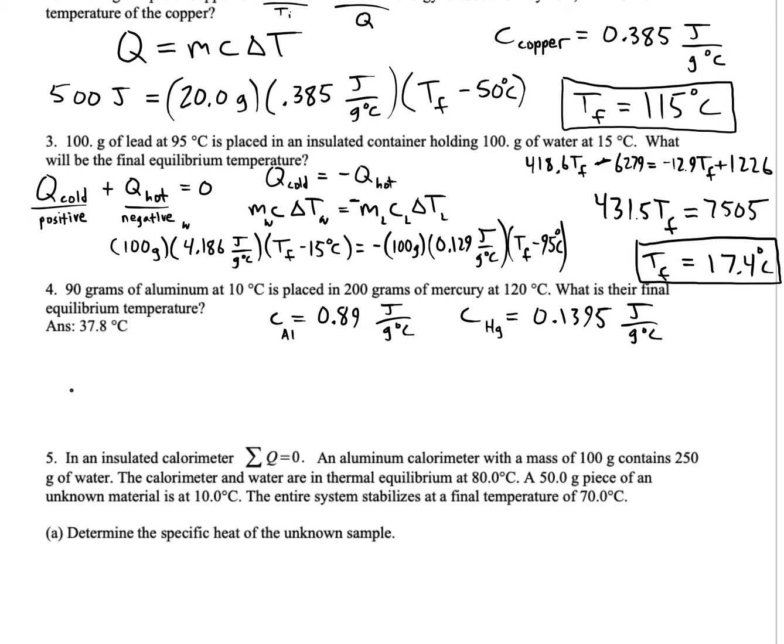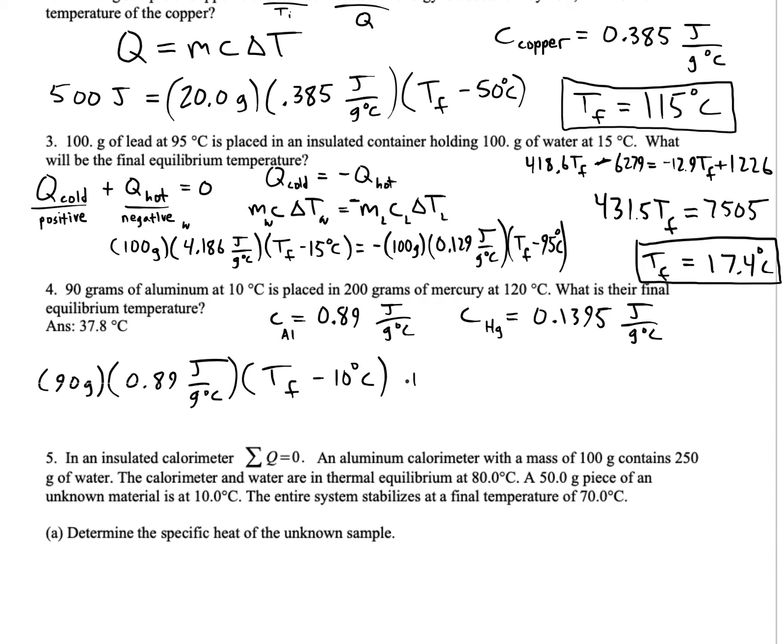So we just want to plug into the equation. We've got 90 grams of aluminum, so MC, and then our delta T will be TF minus 10 degrees.